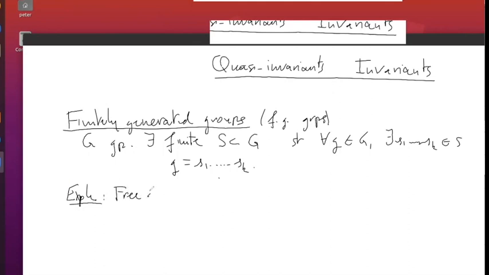If you've never seen them, let me start. So I will give you the first example, the free group on two generators. But of course, you can have any number of generators. It's just to simplify the exposition. So this is the free group on two generators.